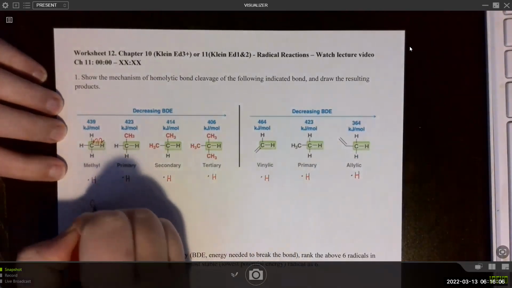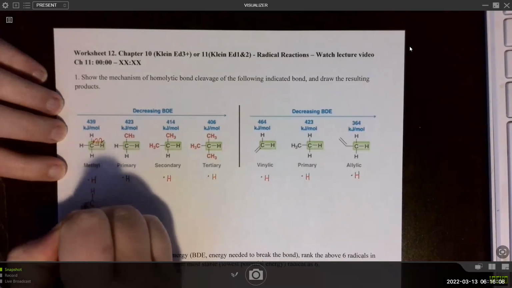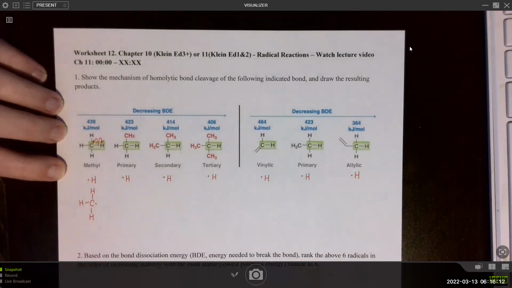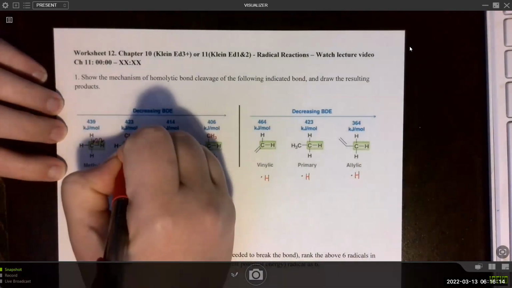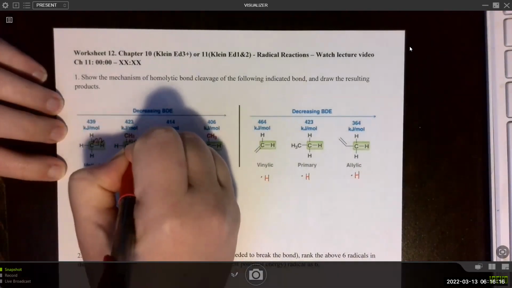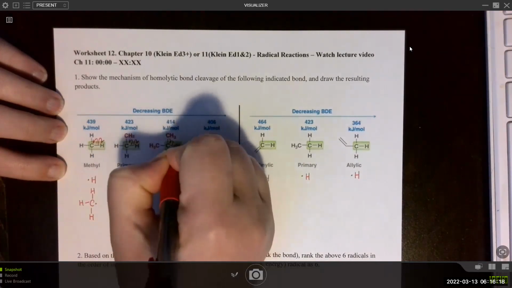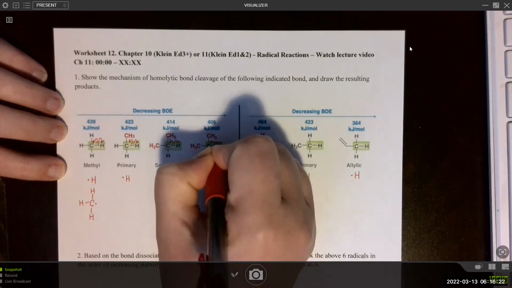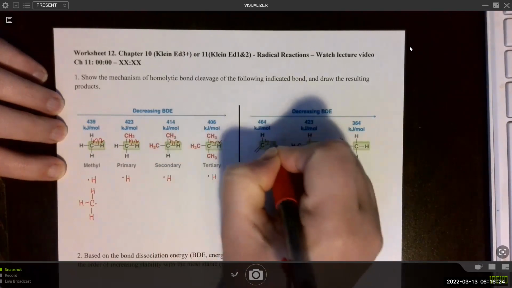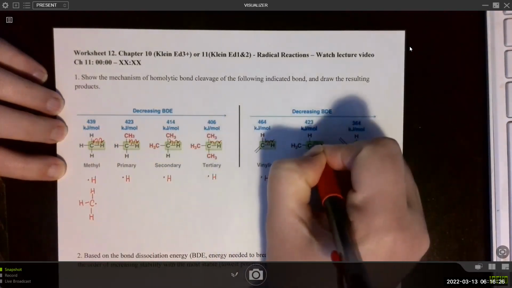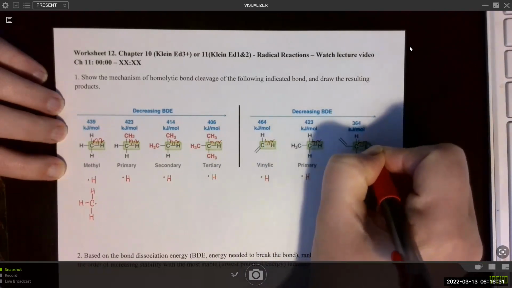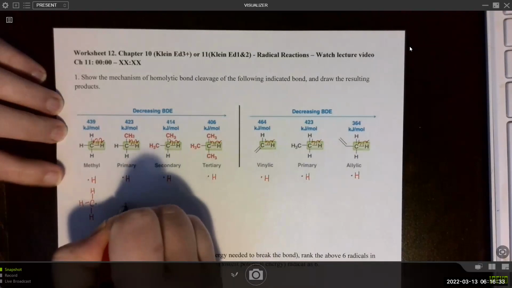And so we'll also show the carbon radical. So again, same mechanism in all cases. Just make sure that you're drawing your fishhook arrow. And then we draw the resulting carbon radical.